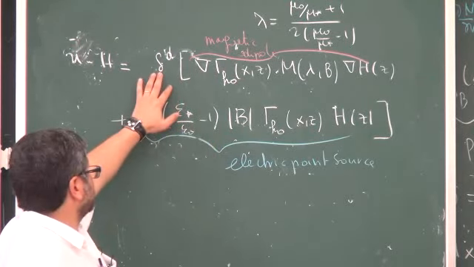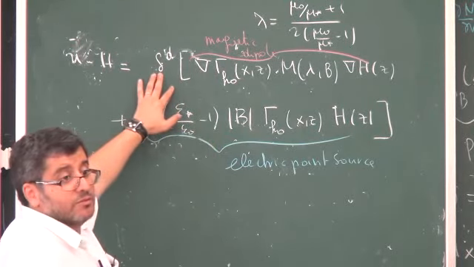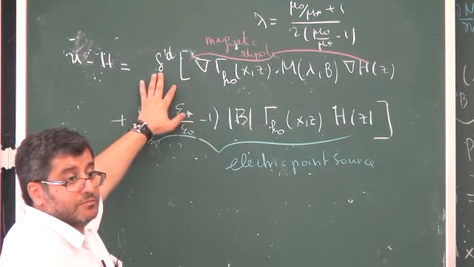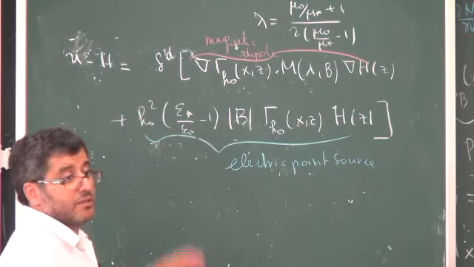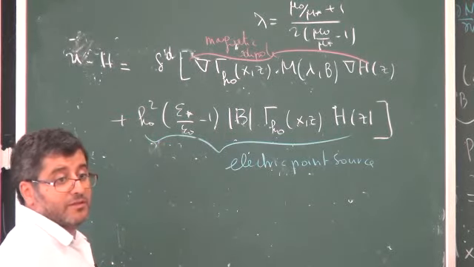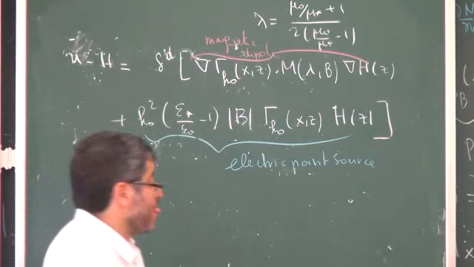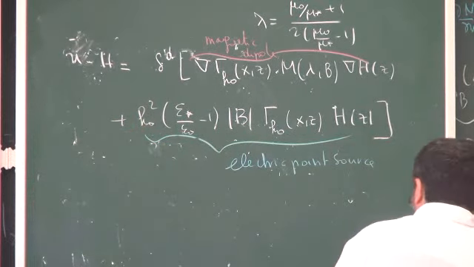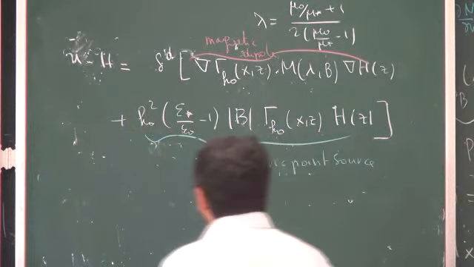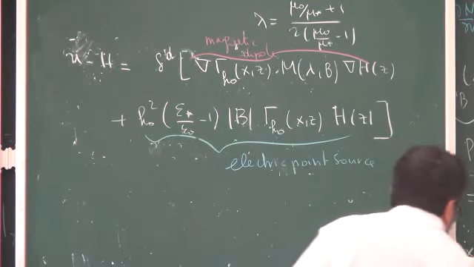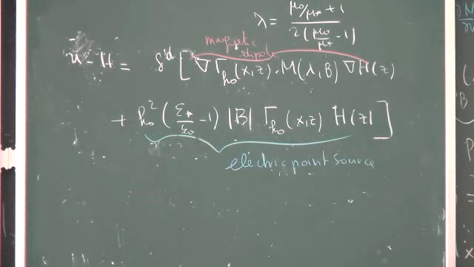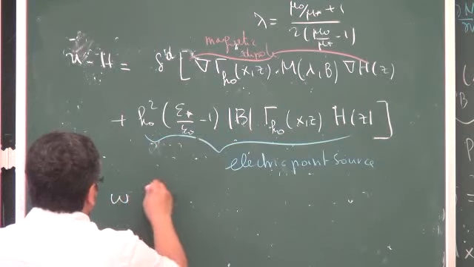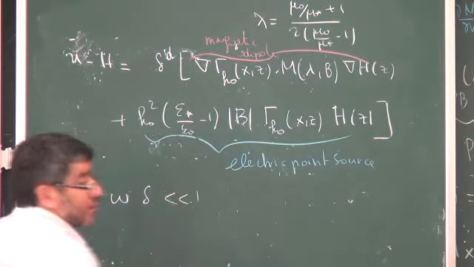And the amplitude is of order of the volume when we are far away from the inclusion. Far away means in terms of wavelength. So this expansion is valid when the frequency times delta is smaller than 1.